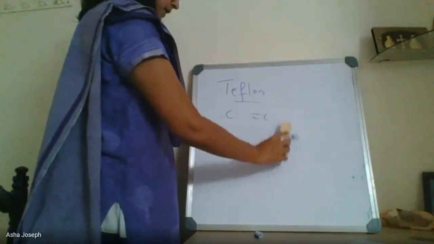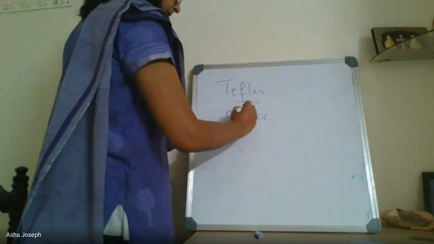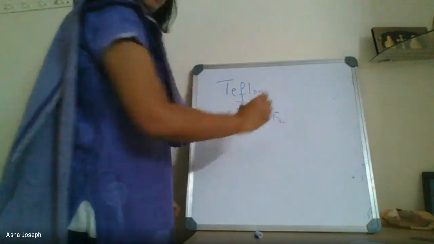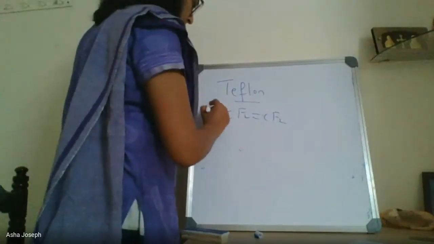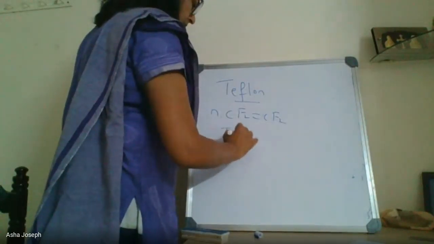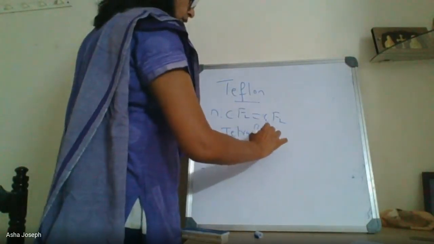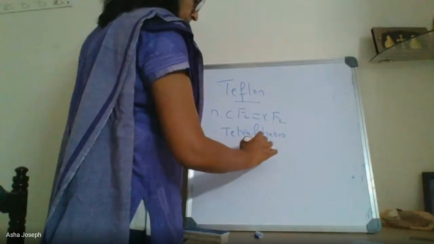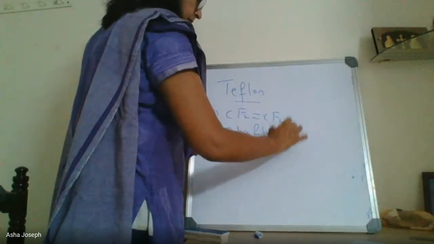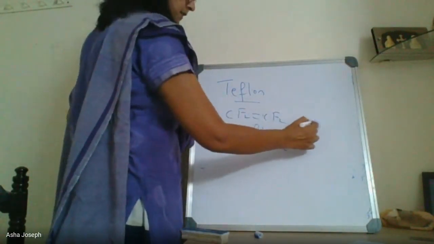Ethene. So if the hydrogen atoms are replaced by fluorine, what is the name? Tetrafluoroethene. So this is the monomer, n times tetrafluoroethene. So this polymerizes. Conditions are there.